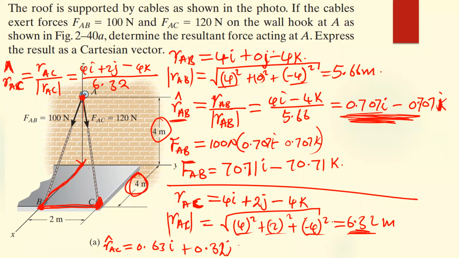Then we also divide -4 by that, which will give us minus 0.63 k.